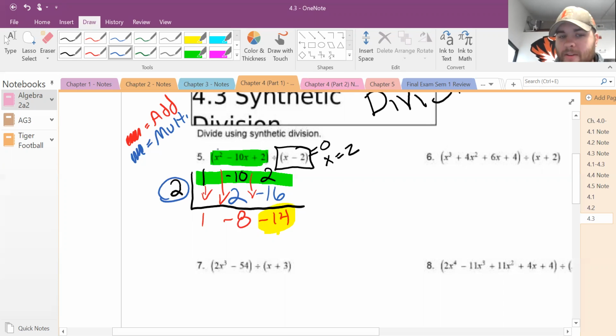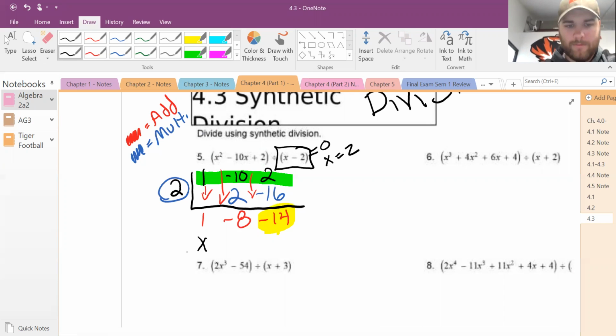See how the highest power is 2 in my original polynomial. This new expression is 1 power less. So it's just going to be an x. It's going to be 1 power less than the polynomial I'm starting with. So it's going to be x, and these are my coefficients.